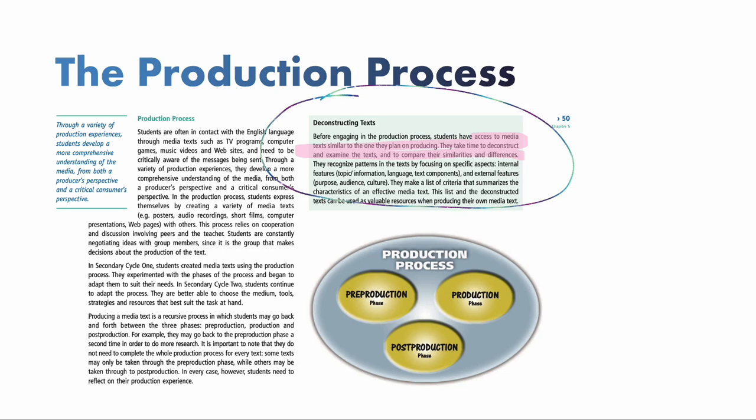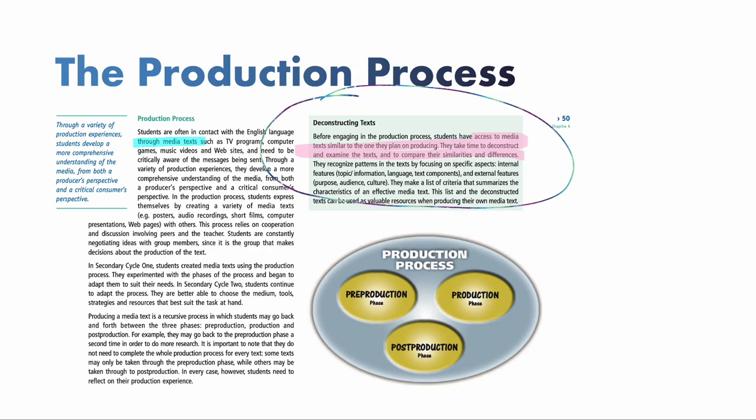The big difference between the production process and the writing process is that the production process looks at media texts. So any kind of text that involves sound, visuals, or audio, any kind of thing beyond simple words on a page.